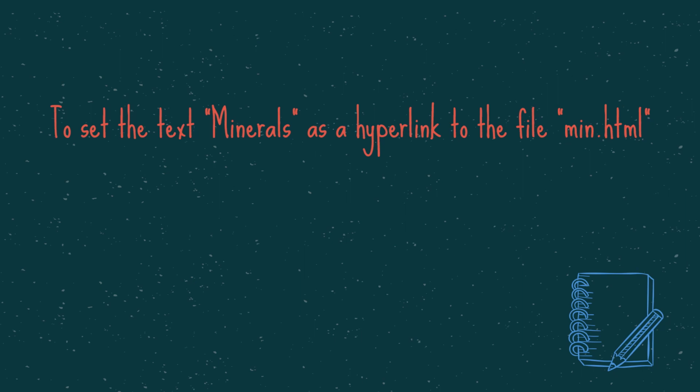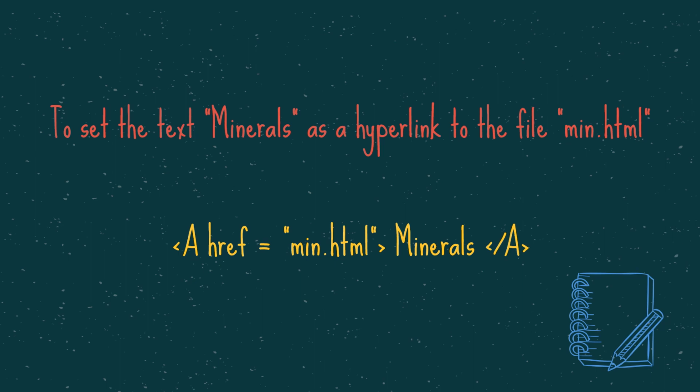So we will write a for anchor tag, href equals min.html. That means I want to open this file by clicking on minerals, the hyperlink text. It should be written between the opening a tag and the closing a tag. So we write minerals here and then close the anchor tag, because the anchor tag is a container tag.